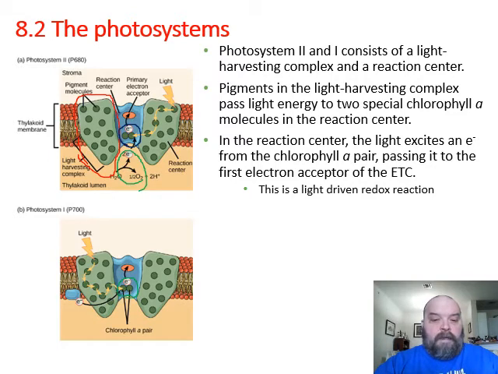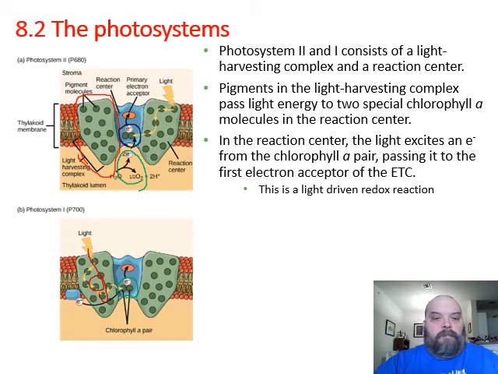And what's going to happen is photons of energy are going to hit the chlorophylls over here in the light harvesting complex. More vibrations, more energy gets passed on to chlorophyll B that has a somewhat excited but not completely excited electron. That energy gets passed on, the electron gets re-excited, pumped back up into a high energy state, and then kicked up to another electron acceptor.